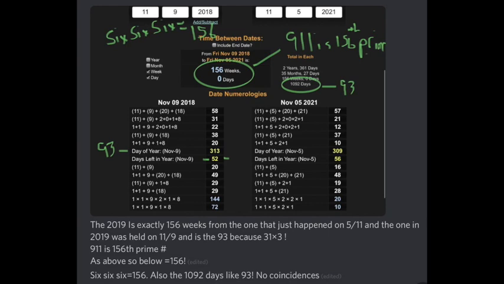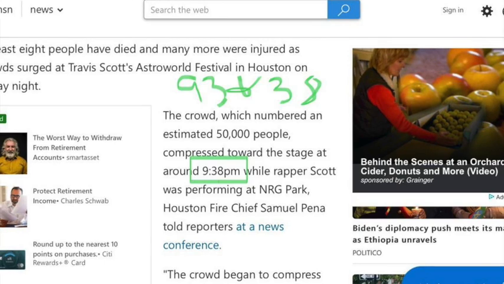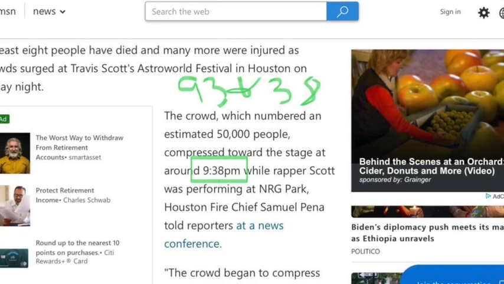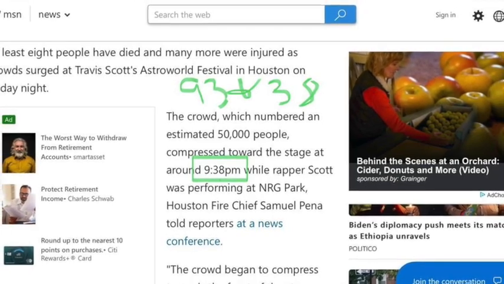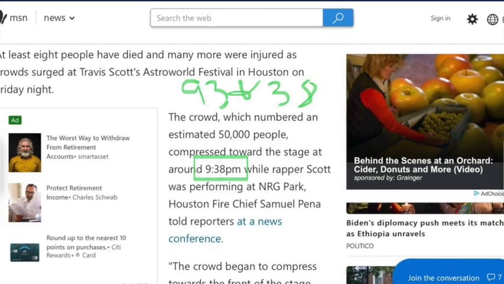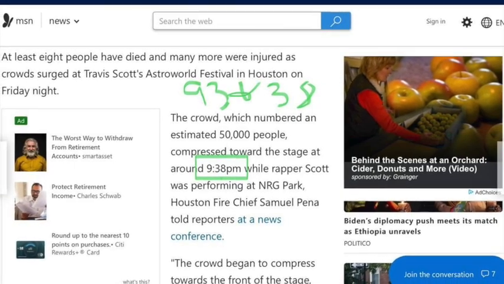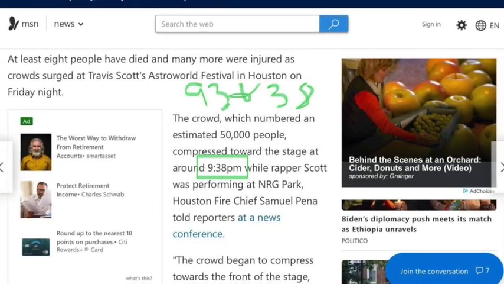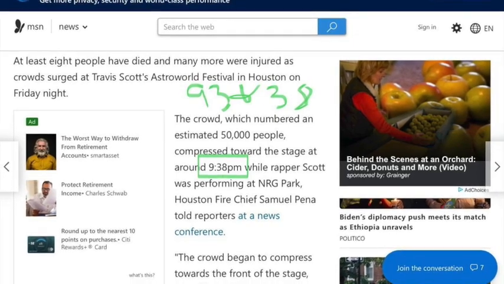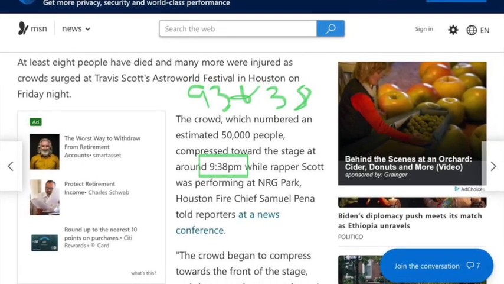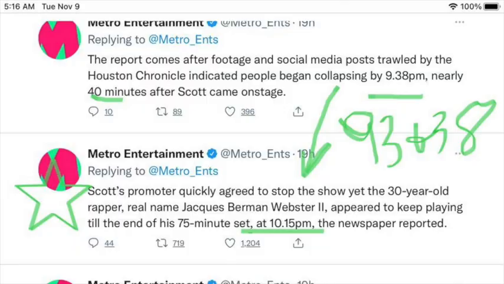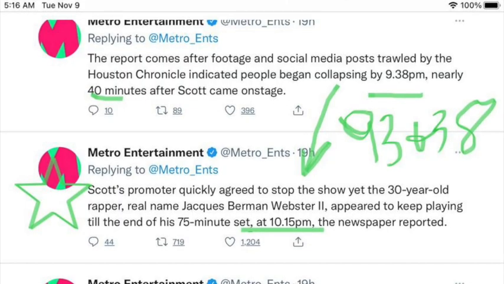Now, going on, timing is everything. Would you believe that the crowd, if you go to the first one, the 938, the second page is better, P. Yeah, go to one more, where it shows the timeline.